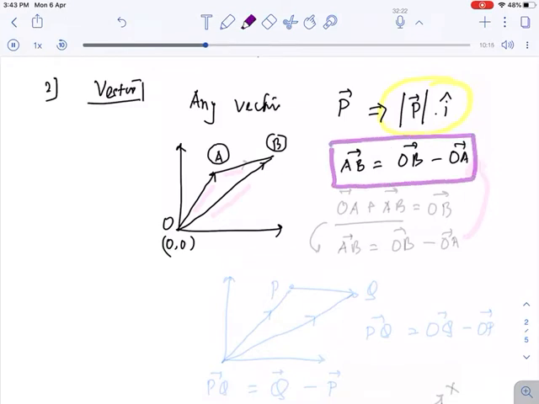So how is it forming? Using the triangle law. So the vector triangle law is like that. If I consider this is the first vector, this is the second vector, and this is the resultant vector, then the triangle law says OA plus AB is equal to OB.